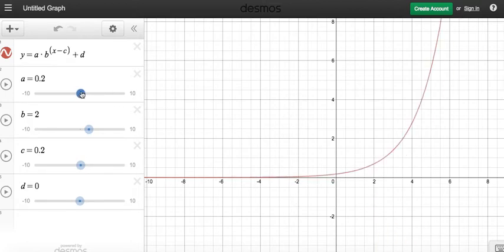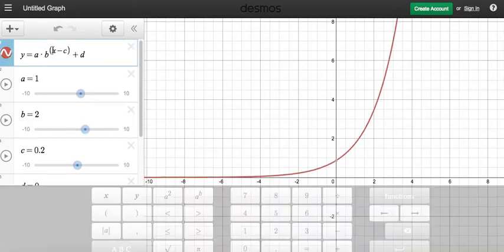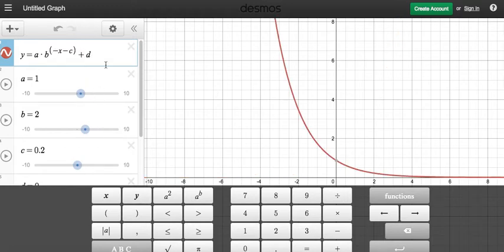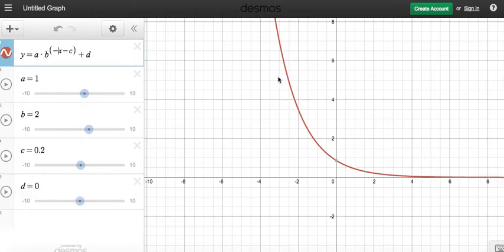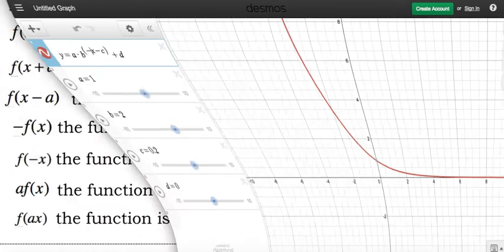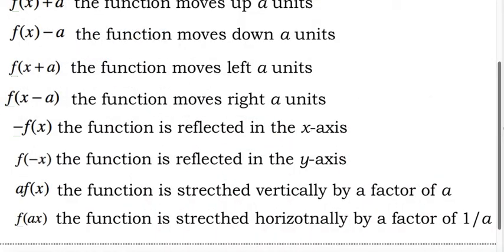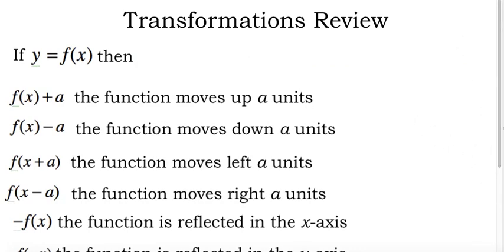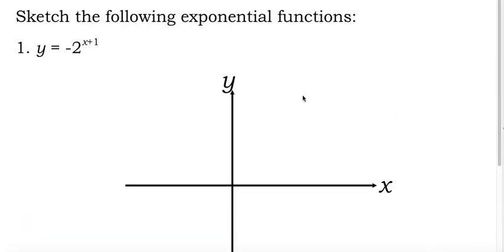If I move that back and put that back to 1, and change this to a negative, I can see clearly that it's flipped over the y-axis here. So that's just confirmed everything that we said before. These you should know already. We've done transformations many times now, so you should know these. That's just a refresher. Okay, let's put it into practice.